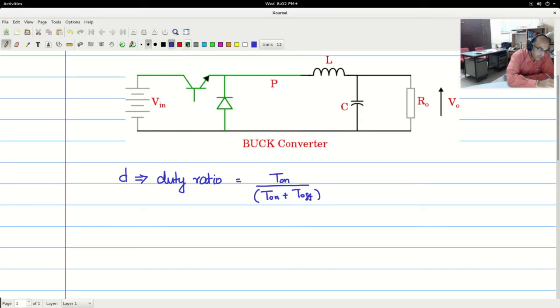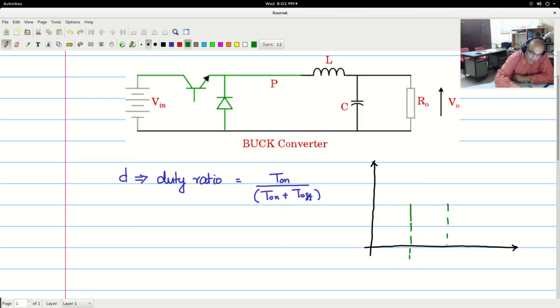So if I say that we have the y-axis and now the x-axis, and let us say the switching period is divided into two parts, where this whole thing is the switching period Ts, and this period is the on time T on.